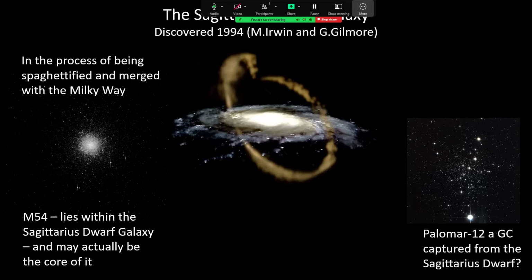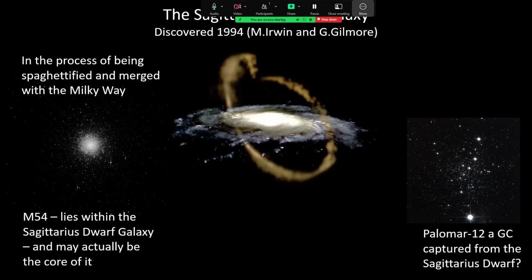And right slap in the center of that galactic nucleus of the dwarf is a globular cluster, Messier 54, the one that we started this talk with. And what this is telling us is that that globular cluster may well be the original nucleus, the original core of the dwarf galaxy.